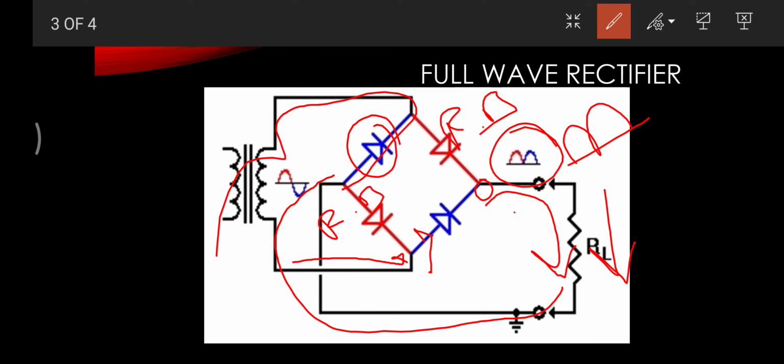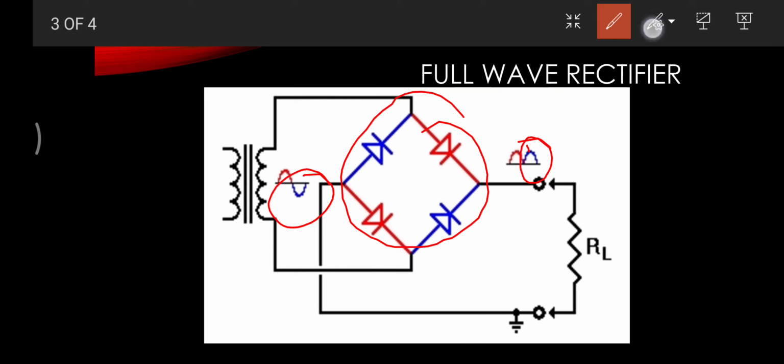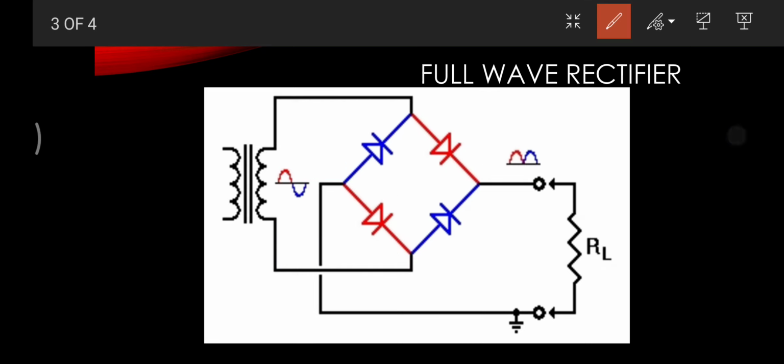You can see that the negative cycle at this point appears positive because of the composition, or the symmetry, of the diodes. Again there are ripples which you can see, and this is not a continuous voltage, so we again add a capacitor in this circuit.